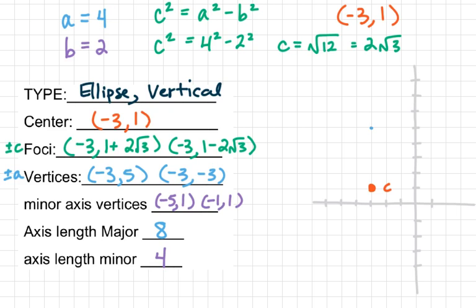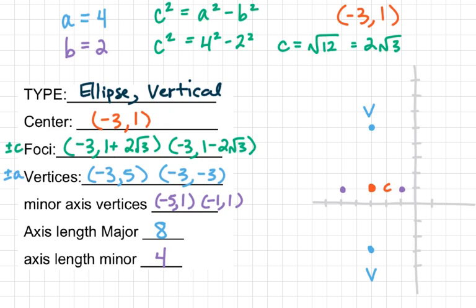So moving up 4 units, I get a vertice at -3, +5. Moving down 4 units, I get a vertice at -3, -3. And my minor axis vertices, those are going to shift 2 units out to the left and 2 units out to the right.